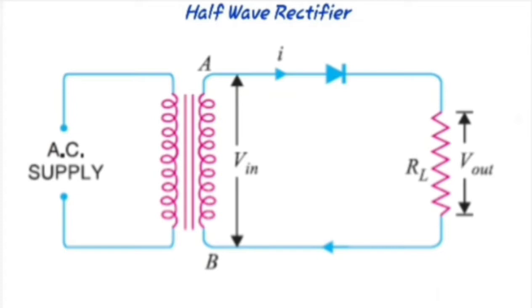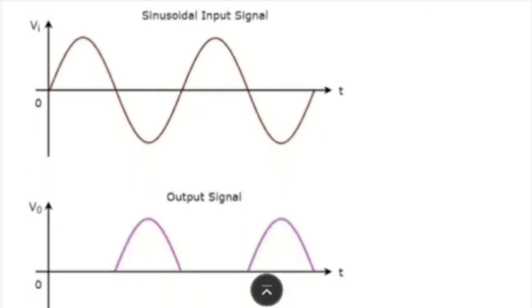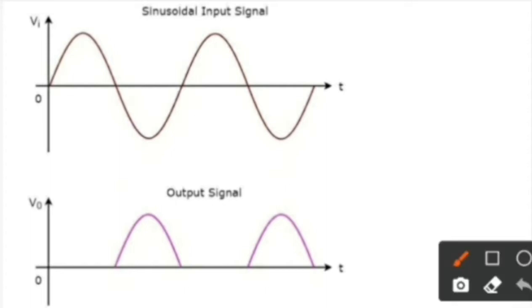That can be explained by using the next diagram. In this diagram we can see the first graph shows us the input, which is a sinusoidal type of input. The first half cycle shows the positive side of voltage, then in the next half cycle negative input is there. So this is positive and this is negative.